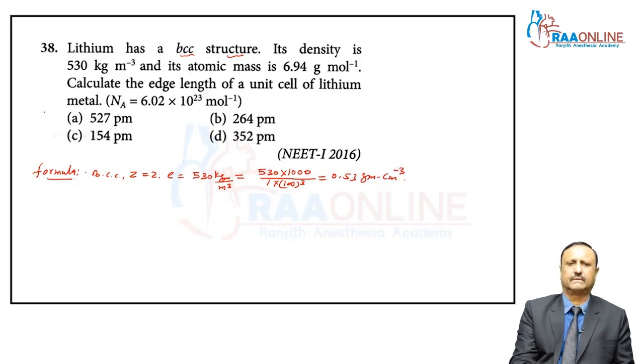Now, Na, the Avogadro number, is also given, that is 6.02 into 10 to the power 23. The atomic mass is 6.94 gram per mole, and these are the values which are given in our numerical.